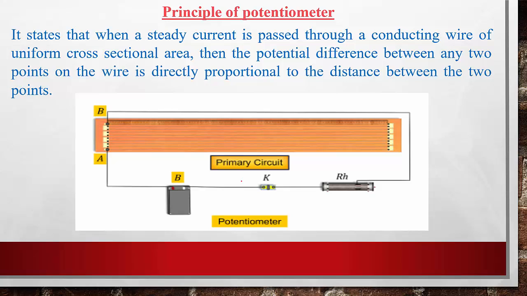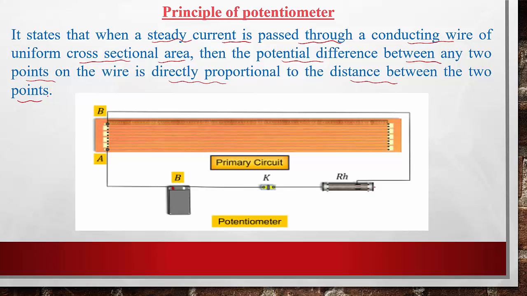Then, what is the principle of a potentiometer? We already studied the principle of the meter bridge, that is Wheatstone's network. Similarly, the principle of the potentiometer, you can observe, states that when a steady current is passed through a conducting wire of uniform cross-sectional area, then the potential difference between any 2 points on the wire is directly proportional to the distance between the 2 points.